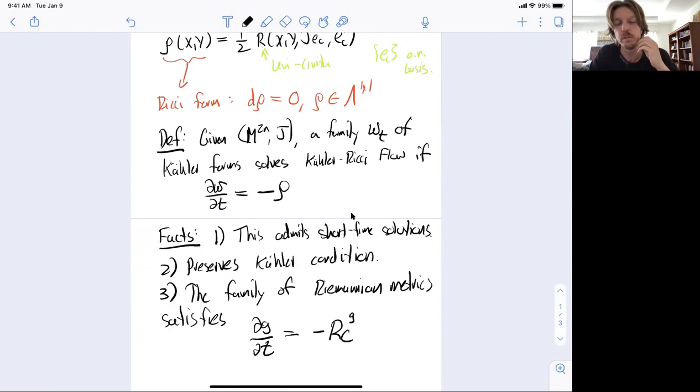But of course, with many of these equations, Ricci flow in general included, one could imagine asking to solve it on manifolds with boundary. But even for non-Kähler Ricci flow, just general Ricci flow, there has been work. I forget.